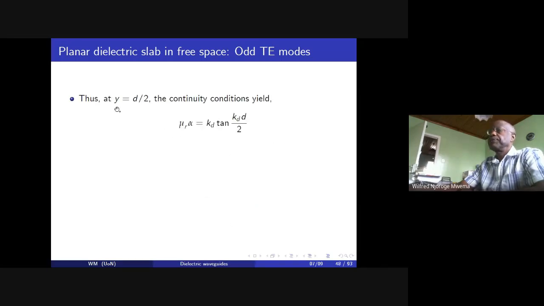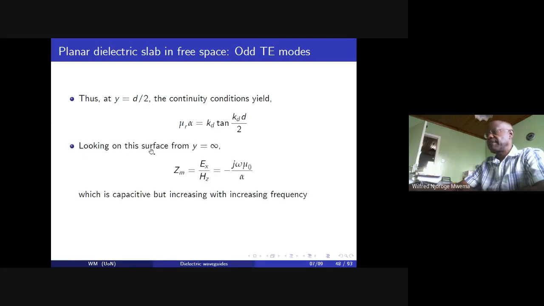So at y equal to d by 2, the continuity conditions then yield the following equation: the relative permeability of the dielectric multiplied by alpha is going to be kd tangent of kd d by 2. And looking on this surface from y equal to infinity, we see that Zm is going to be given by Ex by Hz, and it is going to be the negative of j omega mu naught by alpha, and because of the negative sign here, we can see that this is a capacitive impedance.